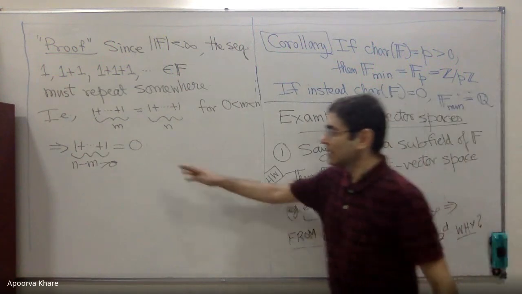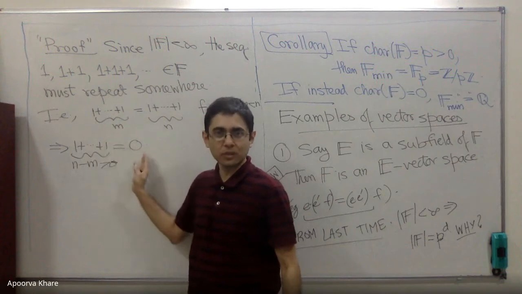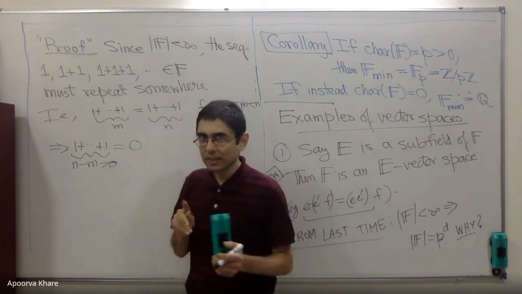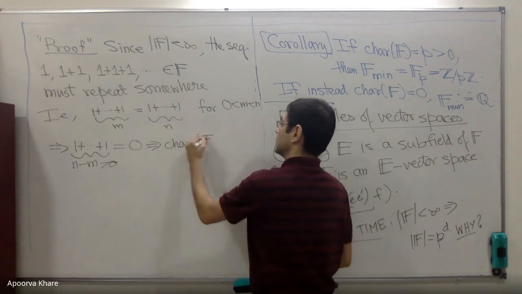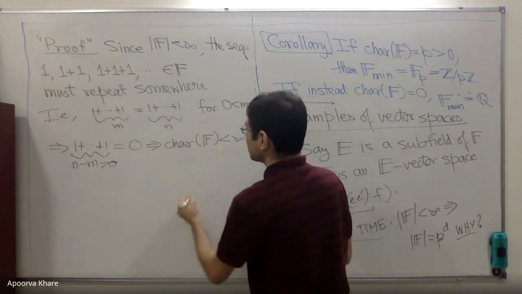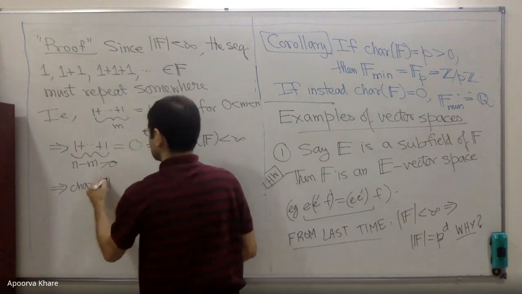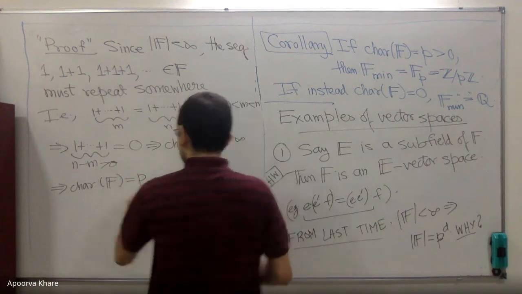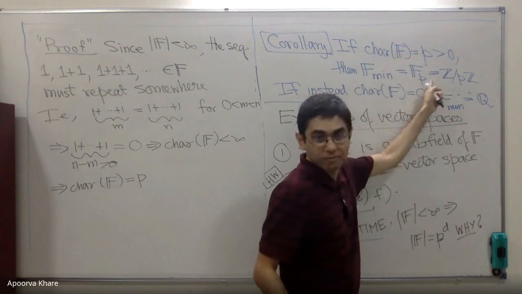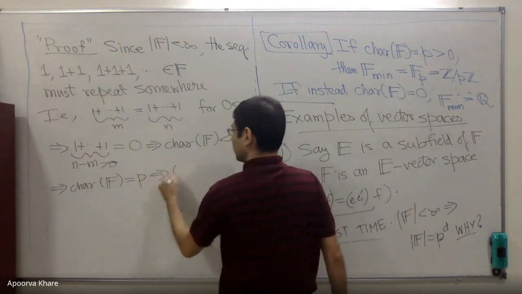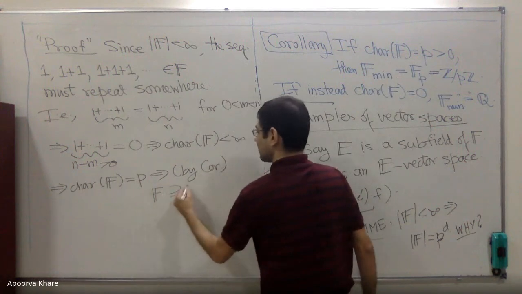But that means there is at least one positive integer such that when you add 1 that many times you get 0. So the characteristic is finite, which means it must be equal to some finite number p. But in that case, we know that if the characteristic is p, then F contains F min, which is Fp, by the corollary above.